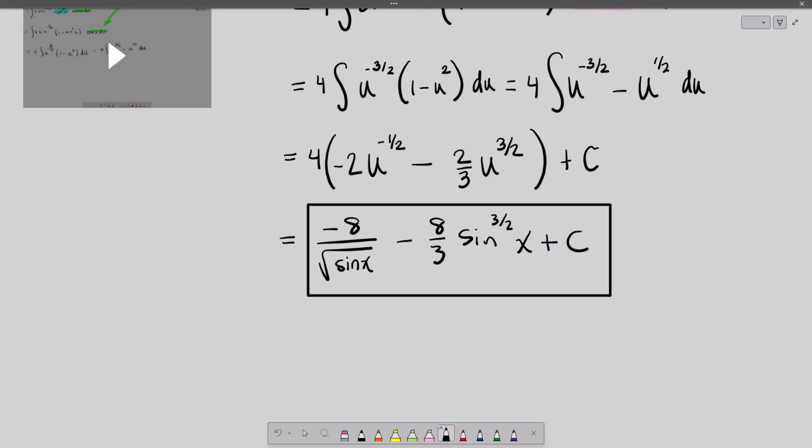Do I have that? And if you were so inclined, you could move the sine into the numerator and make it the square root of cosecant. If you wanted to have no trig functions in the denominator, doesn't matter to me.